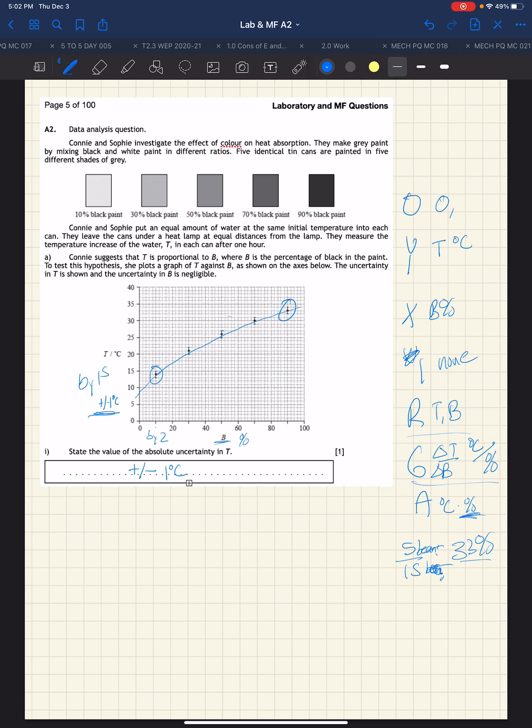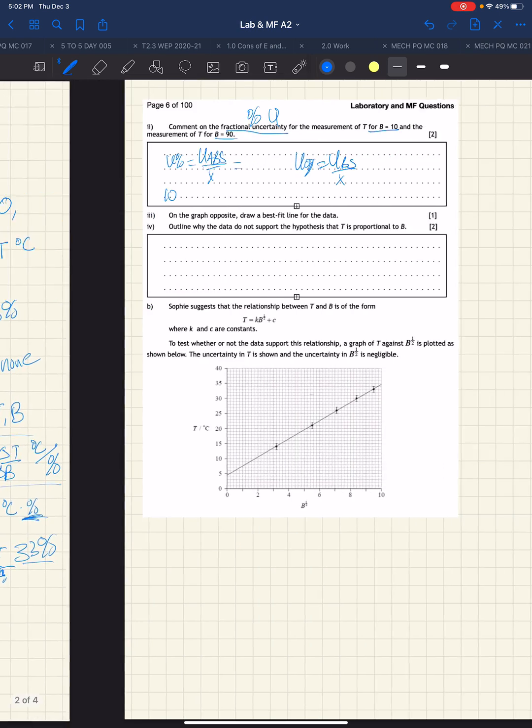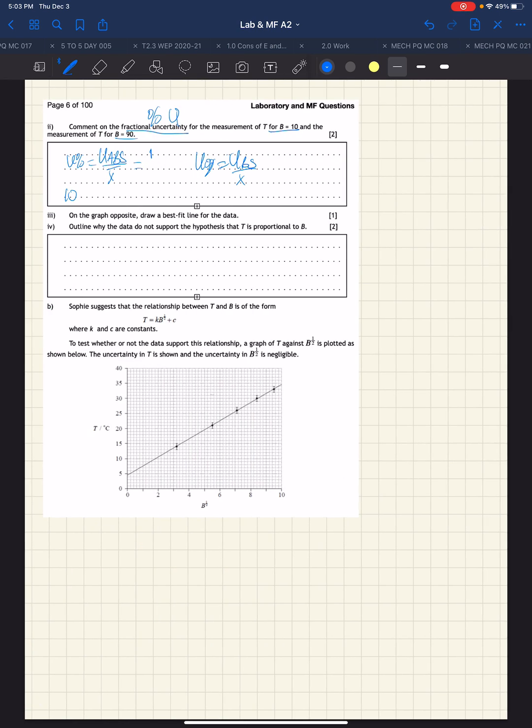So at 10, the value is 14 plus or minus 1. And this value up here is 33 plus or minus 1. So we have 1 out of 14 and we have 1 out of 33.